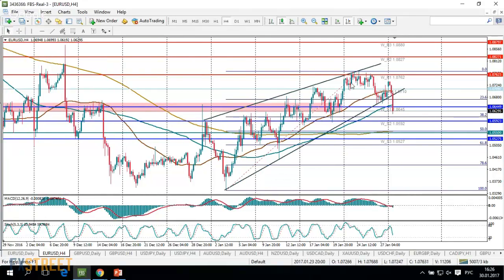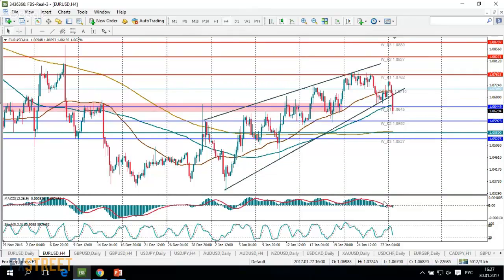So you can use Fibonacci levels instead of these weekly pivot levels for your trading. It's just the indicator you feel more comfortable with. But all indicators here, all the measurements say that the euro will test further levels on the downside.